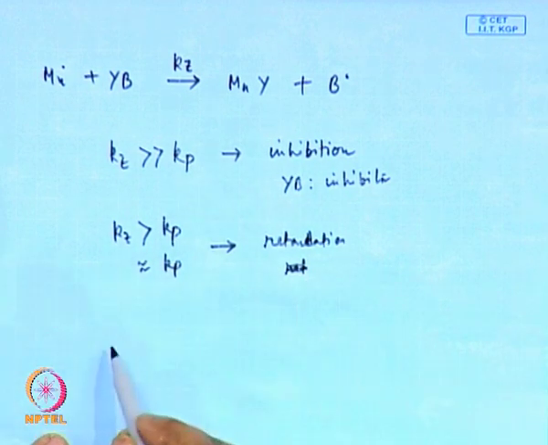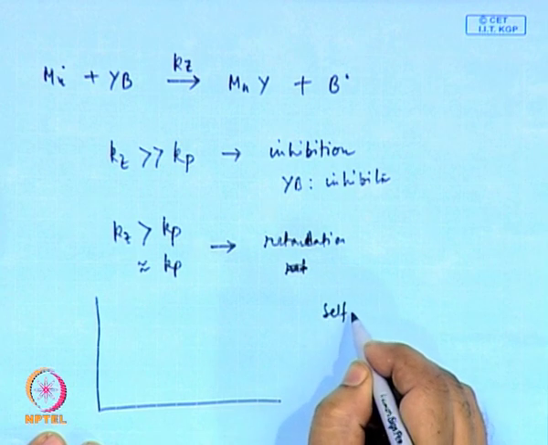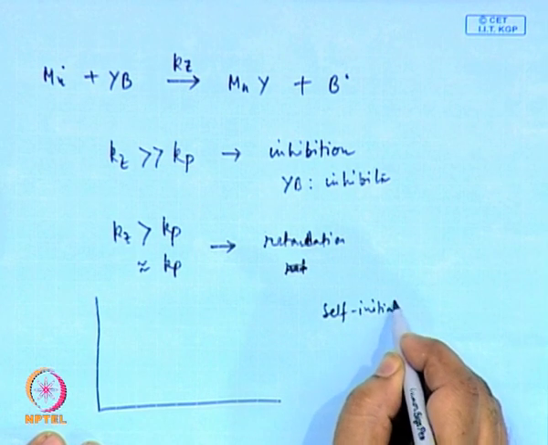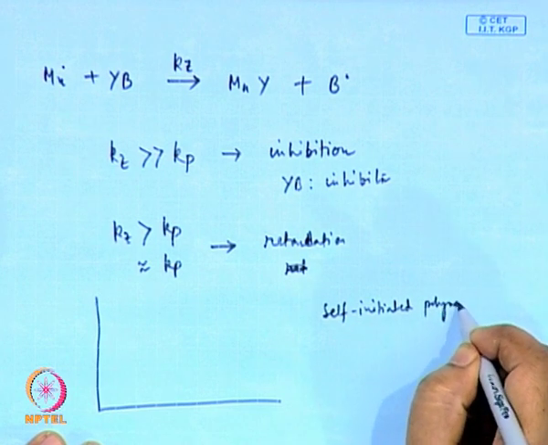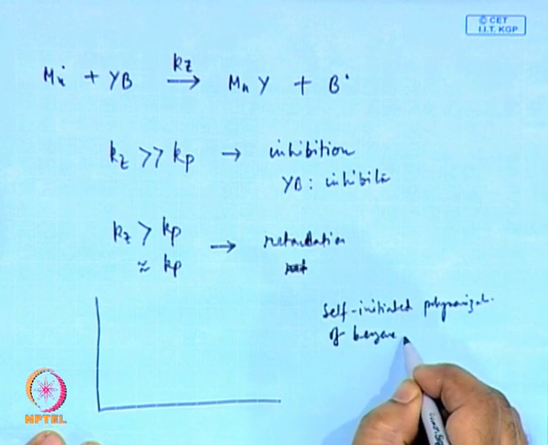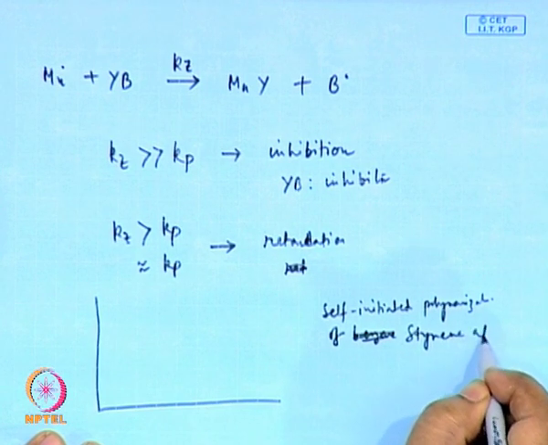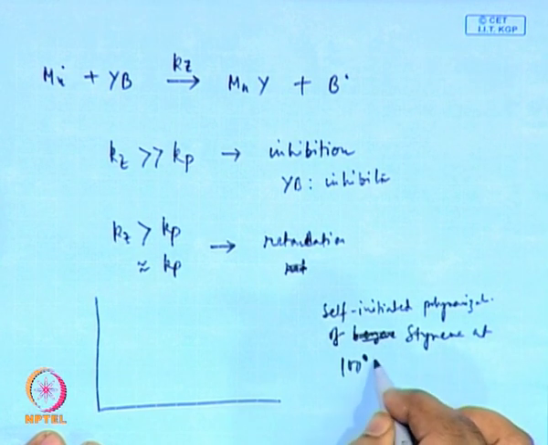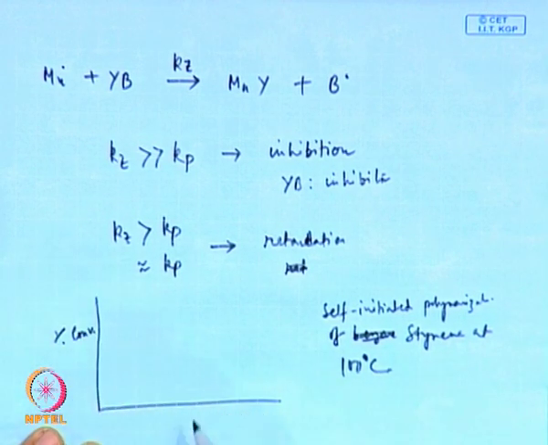For example, if I talk about the self-initiated thermal polymerization of styrene at 100 degrees centigrade, this is percentage of conversion and this is time.